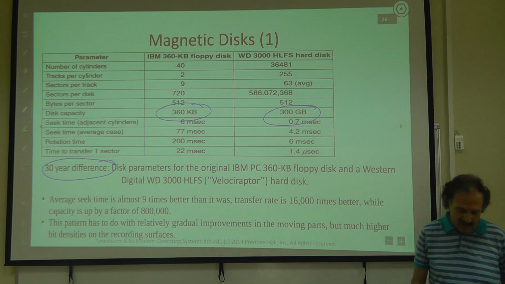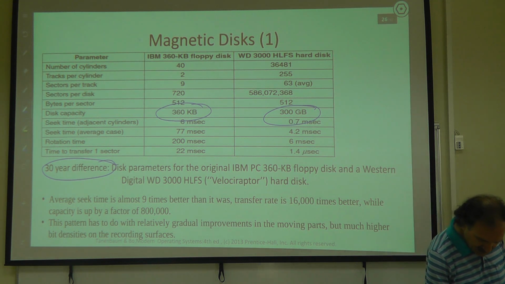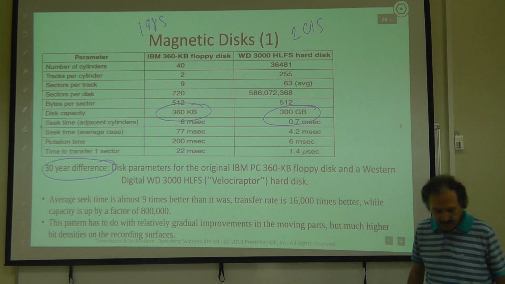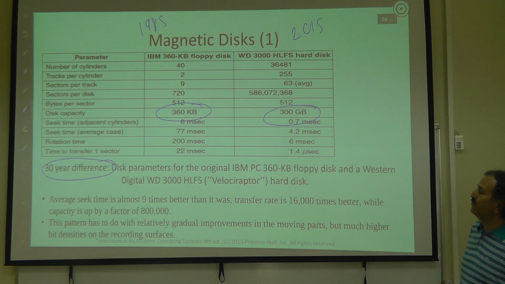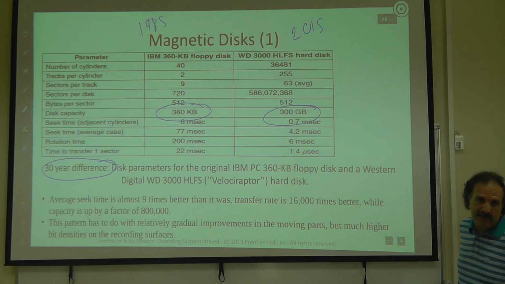So this is 1985, and this is 2014, or maybe 2015, I'm not sure, 1 or 2 years. So this has a capacity of 360 kilobytes.